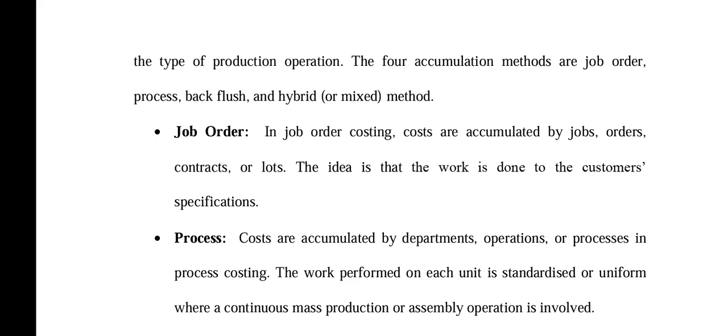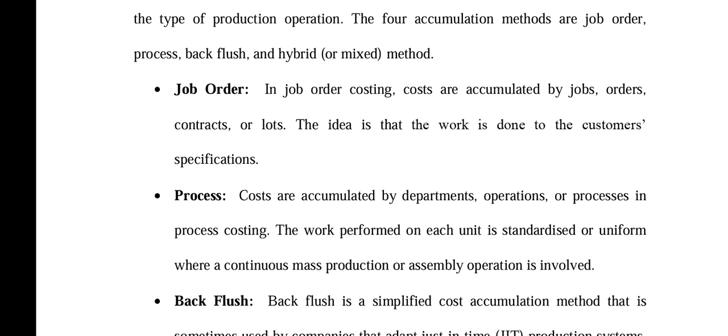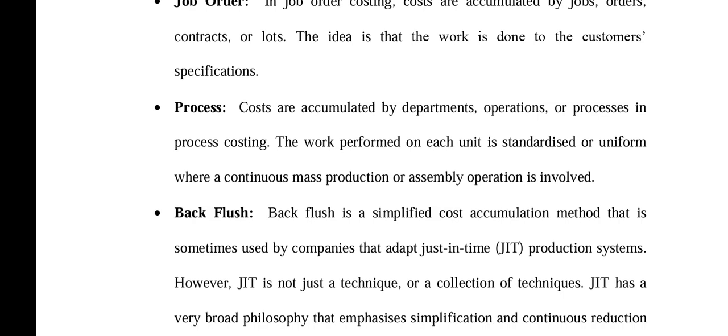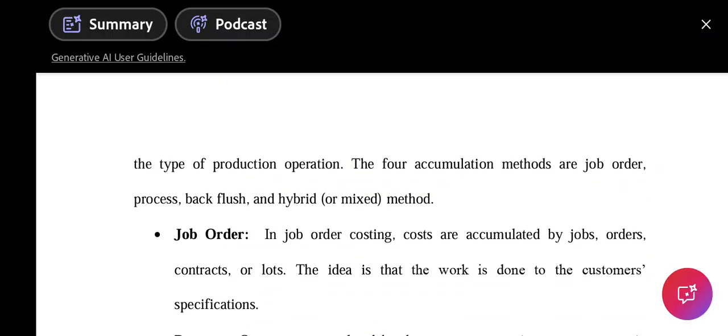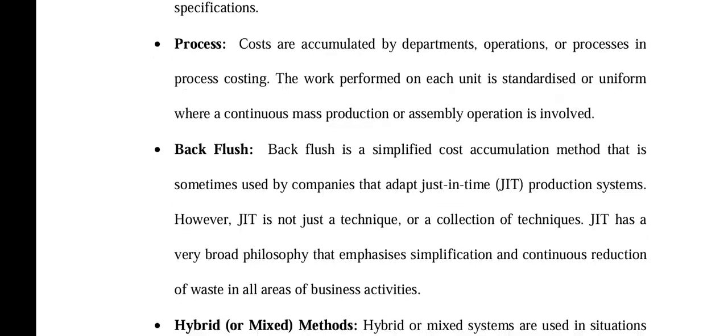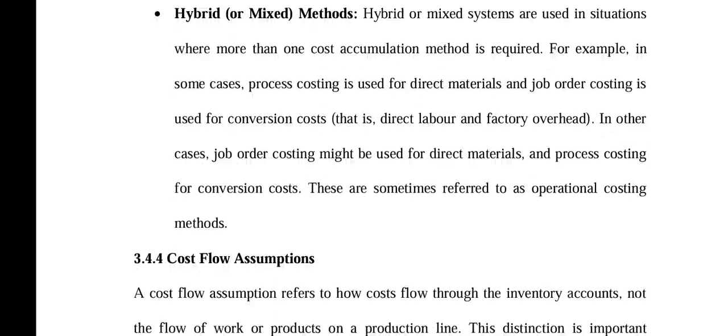So that's the first one, job order. You do that job based on the customer's specification. Then processes, back flush, all of these things are here for us to go through: back flush, hybrid or mixed method.